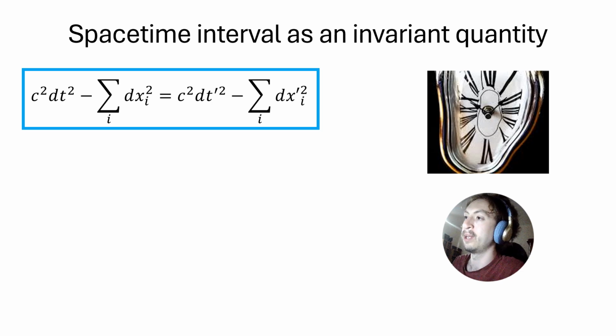So in other words, the spatial distance moved by the moving observer is going to be the sum over all possible spatial axes. So the sum over i of dxi squared, where dxi is the motion in the ith spatial axis. For our universe, since we have 3 dimensions of space, i can be 1, 2, or 3. There's only 3 independent axes of motion allowed.